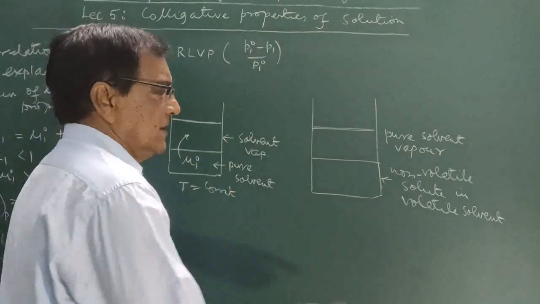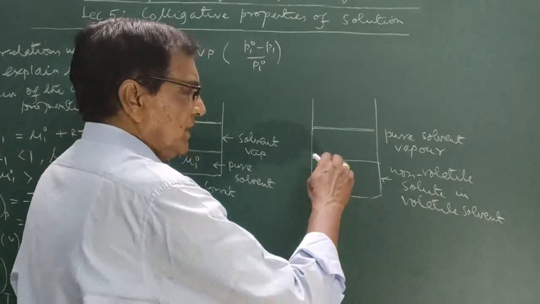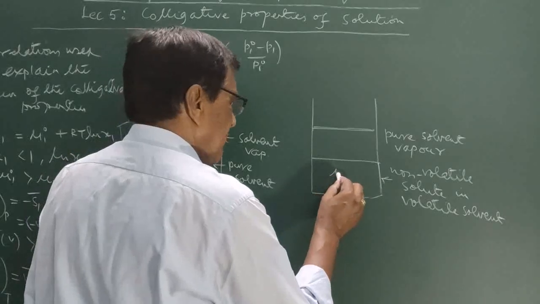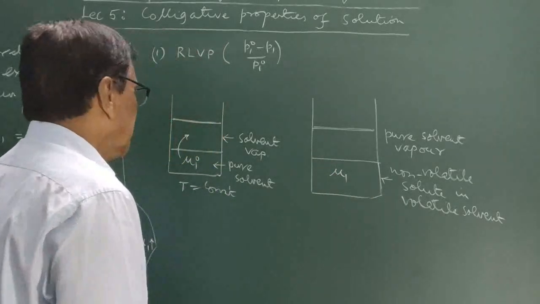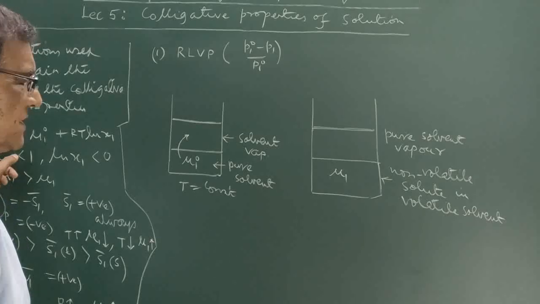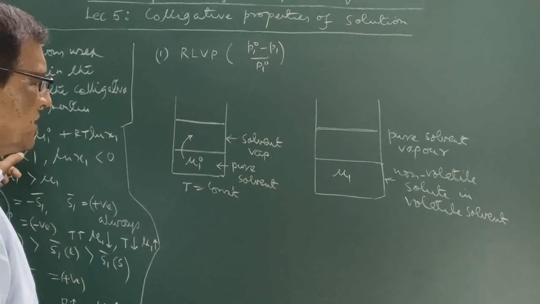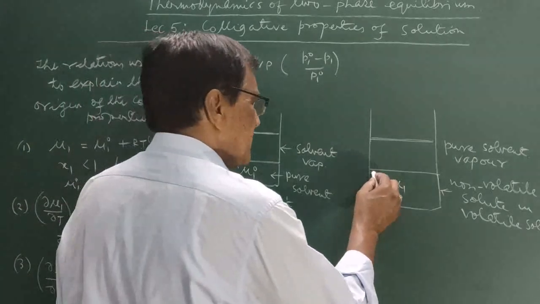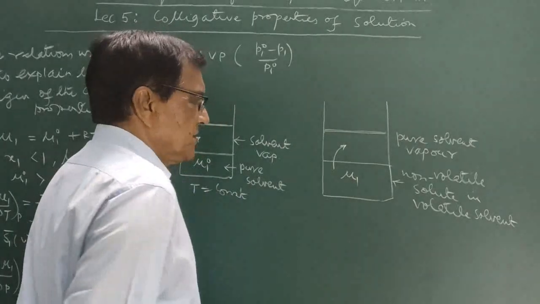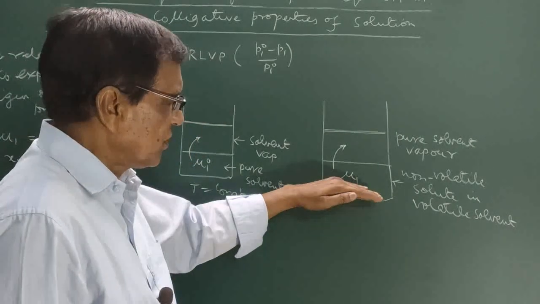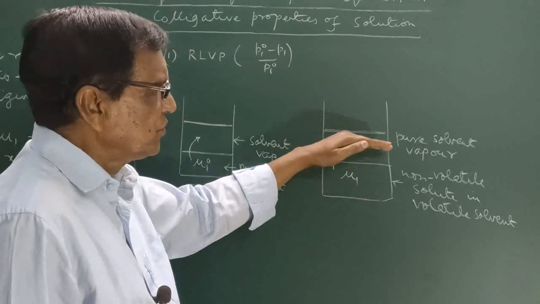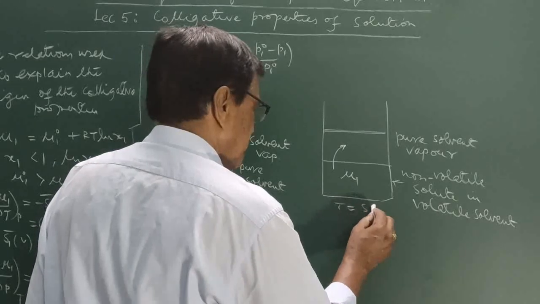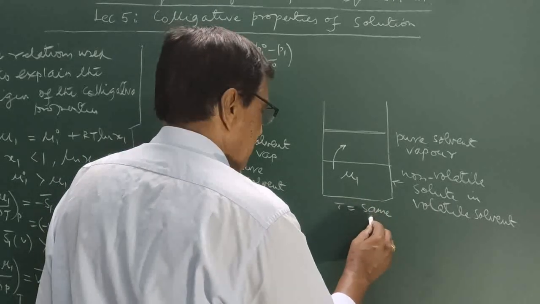As you know, the solute is non-volatile, so it will not be vaporized to occupy this vapor. So here the chemical potential is mu1. Mu1 is the chemical potential of the solvent in solution. So this also measures the escaping tendency of the solvent from the liquid phase to the vapor phase. And here also the same temperature.